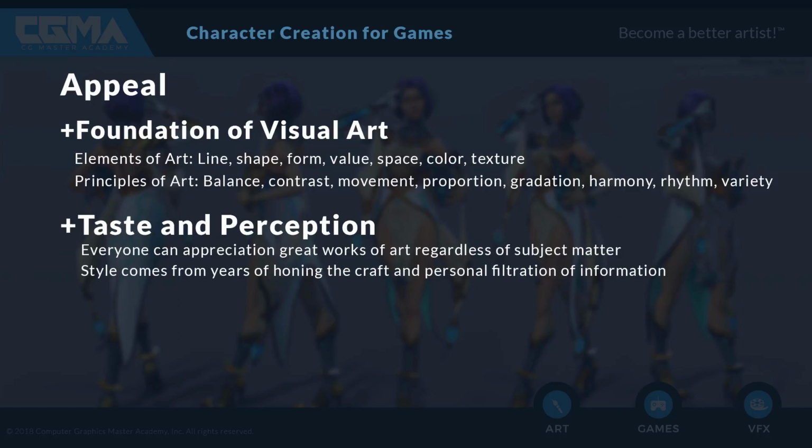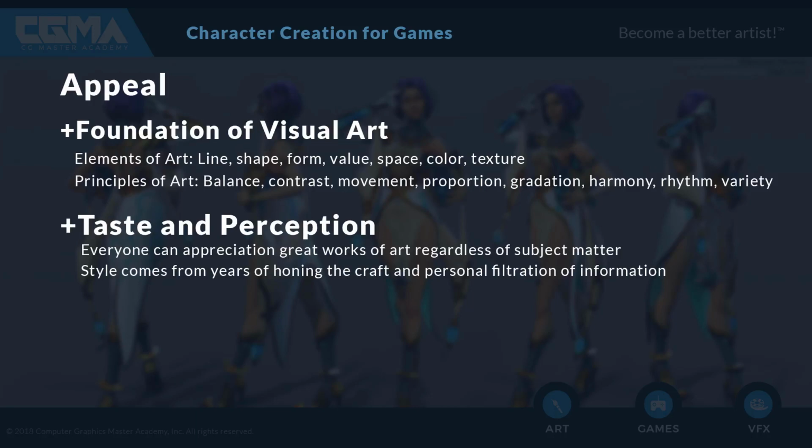So we come to the second part of appeal, taste, and perception. Everybody can appreciate great works of art, and when something is done beautifully, we can tell right away. I believe that we can create appealing pieces of art regardless of subject matter, as long as we keep in mind the principles of art and apply them correctly. So you have to know the rules to break the rules.